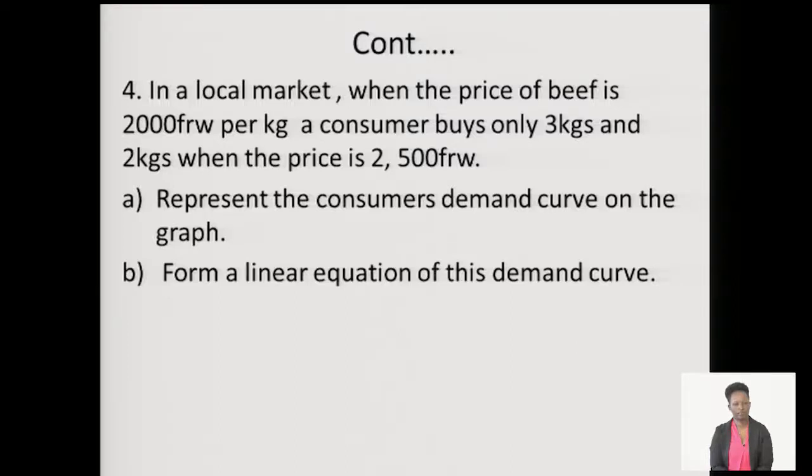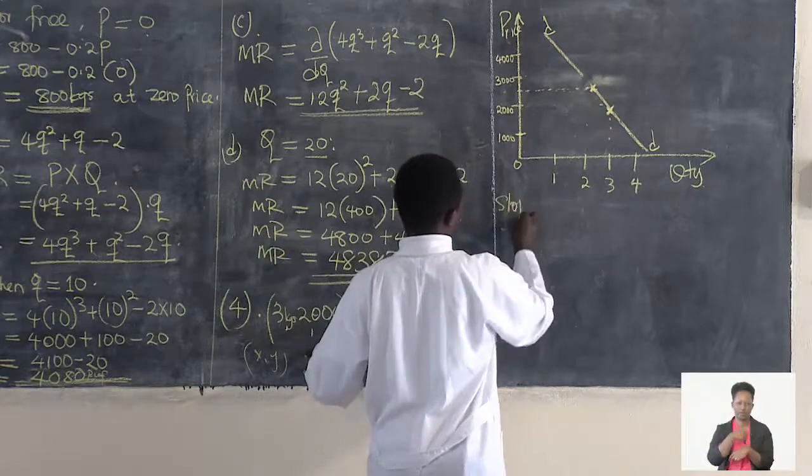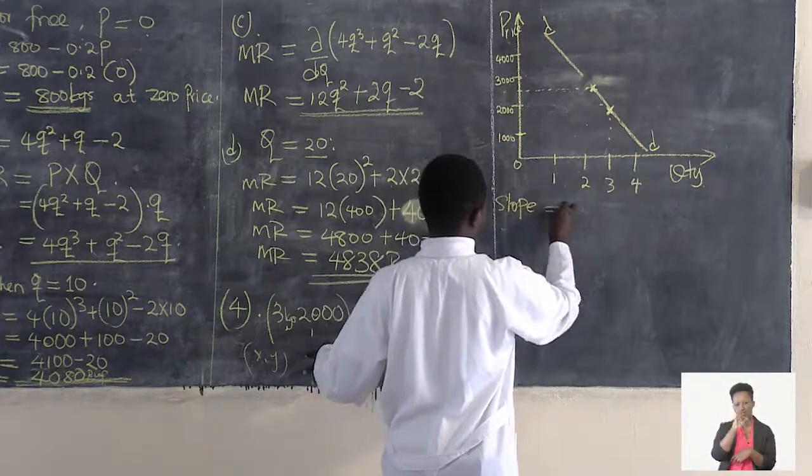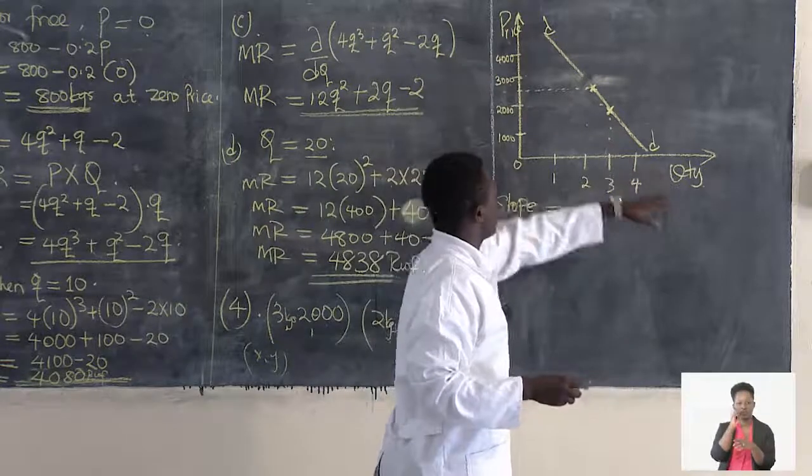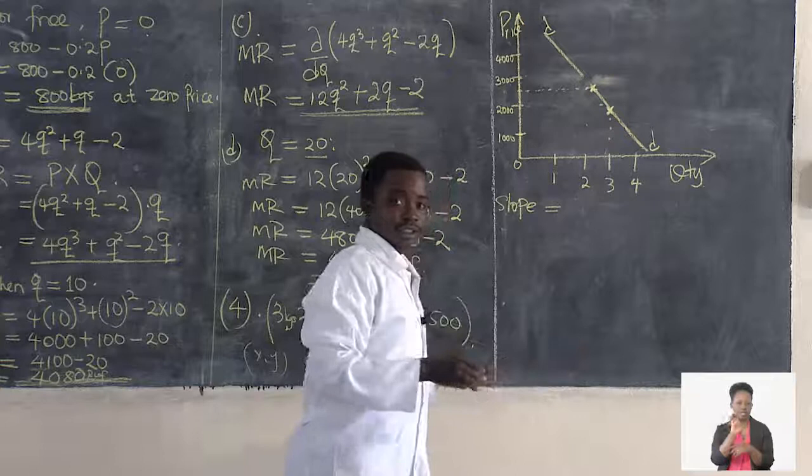Now we can continue with part B, where they need us to form a linear equation of this demand curve. With this linear equation, you first need to calculate the slope or gradient, which is change in y over change in x, that is, change in price over change in quantity demanded.